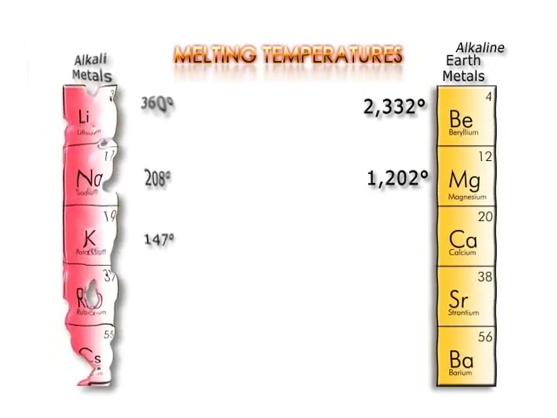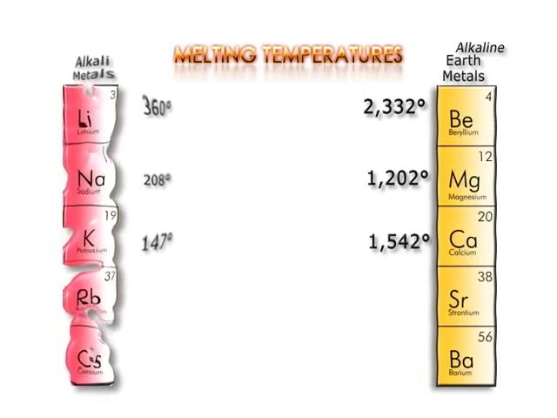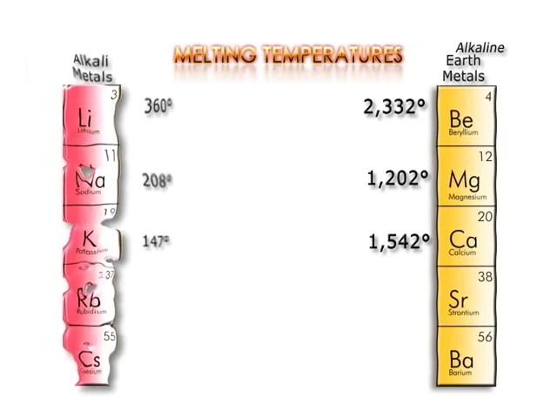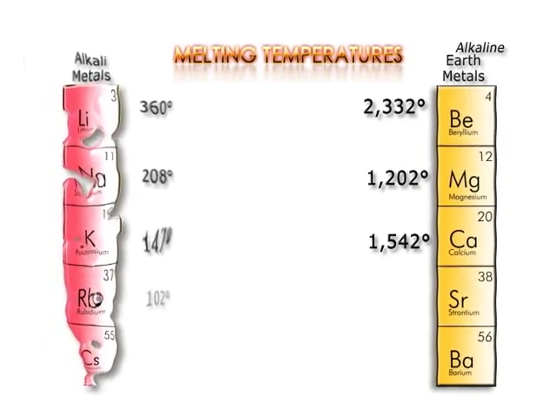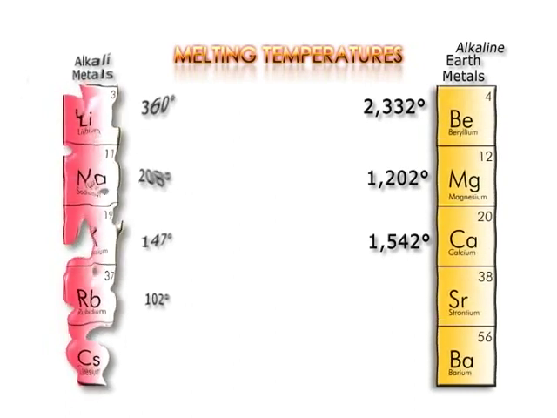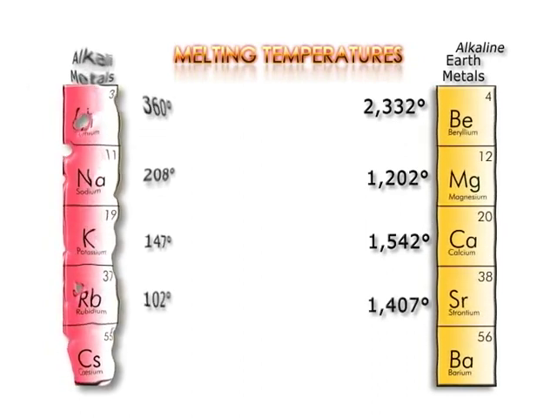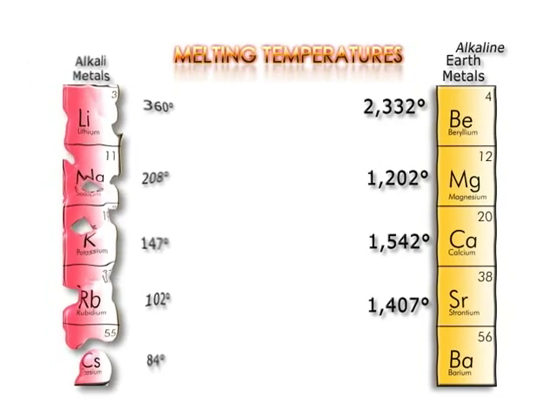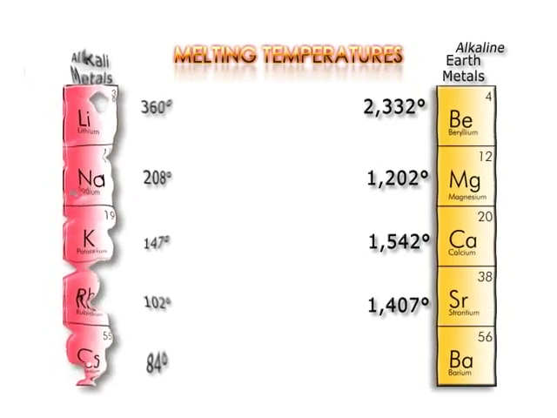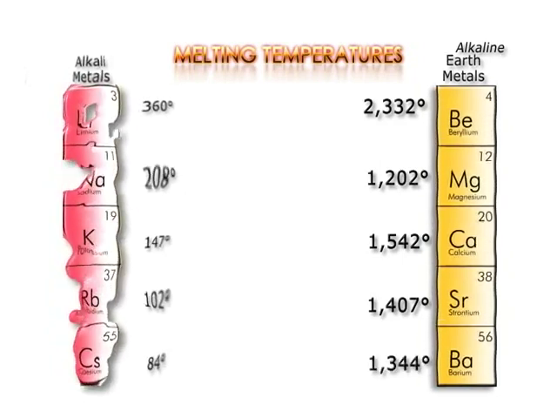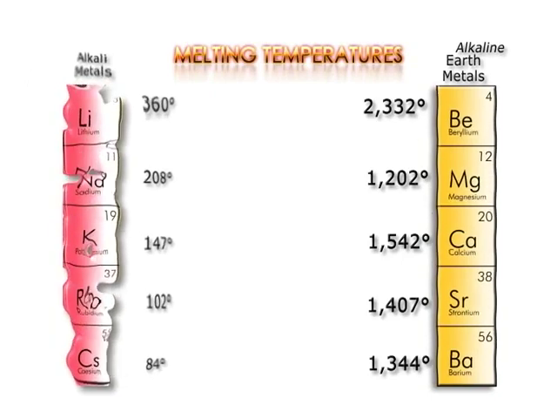Potassium, 147. Calcium, 1,542 degrees. Rubidium melts at 102 degrees Fahrenheit, but strontium, 1,407 degrees. And cesium melts at a mere 84 degrees Fahrenheit, but barium, 1,344 degrees.